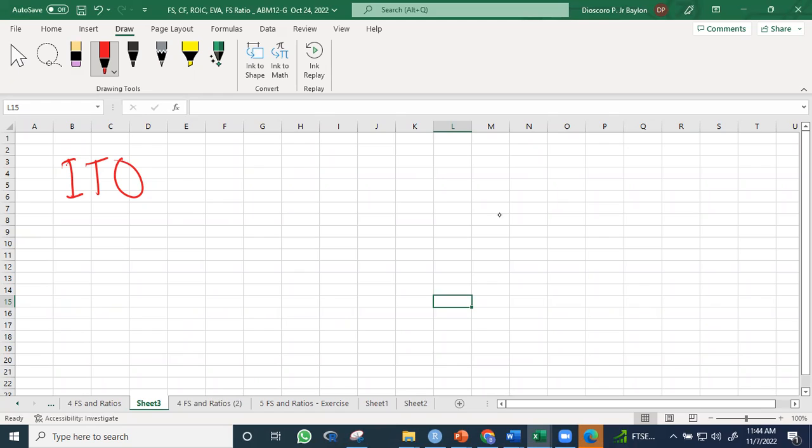ITO. Okay, again, may kwento to class, no? Turnover, ITO, inventory turnover. So from the time the company buys raw material, and then this raw material will be worked on, converted to finished goods.